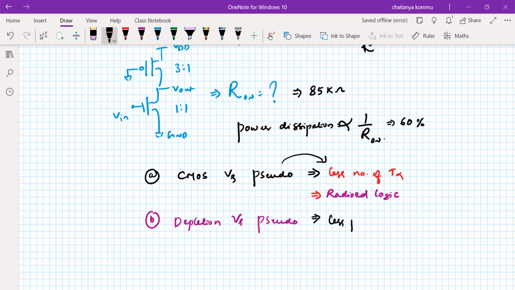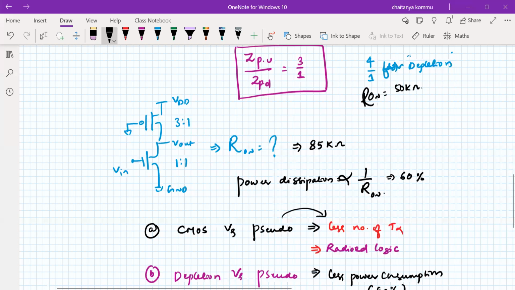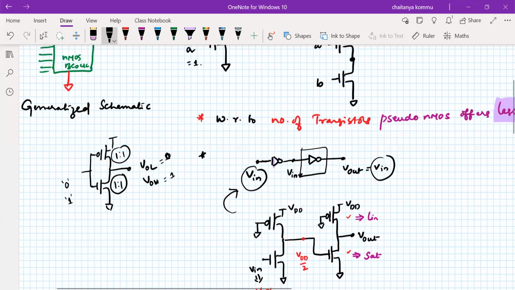It offers less power consumption or dissipation. How much less power? 60% power consumption can be reduced. I hope you understand the concept of this pseudo-NMOS logic, right? Fine. Let's move to another concept.